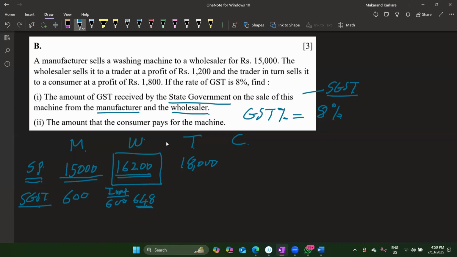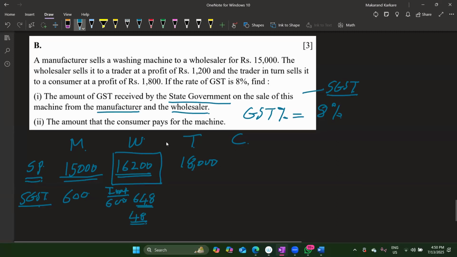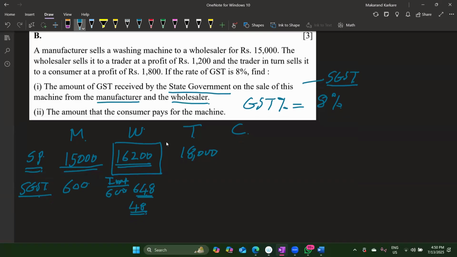So from this, he would actually give to the state government only 48 rupees, is it not? Because he is going to get a credit of 600. And so that means manufacturer will pay 600 and wholesaler will pay 48. And so total SGST, the answer to 1 is going to be 600 plus 48, which is 648.